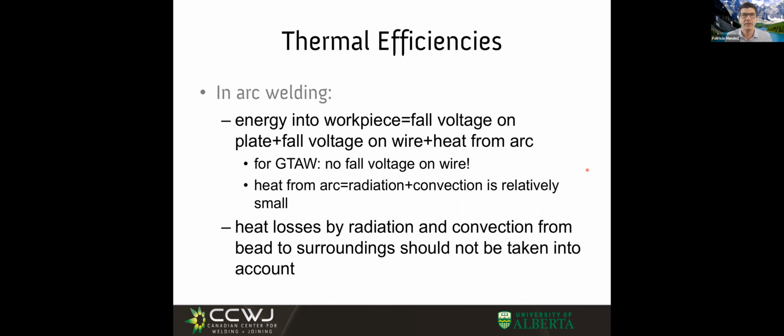We have some amount of heat from the arc. We said about 1/3 of the heat of the arc goes into the plate. Fine. But 2/3 of the heat of the arc goes away, right? That's energy lost. And I'm going to show you a numerical problem with numbers in which we can estimate the thermal efficiency of a process.